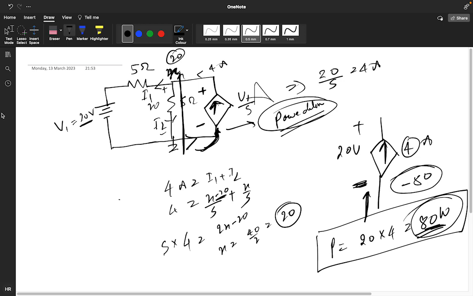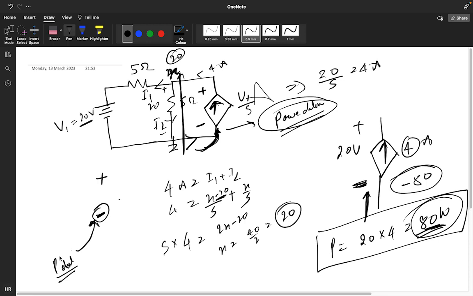So directly we can say P equals V into I, right? The independent source current value is 4, and we know the voltage value is 20, so 4 into 20 is 80. But see, you don't know whether it is delivered or absorbed. You are assuming the potential like this, positive, negative, and the current is entering the negative terminal, which means you are considering the power delivering concept.